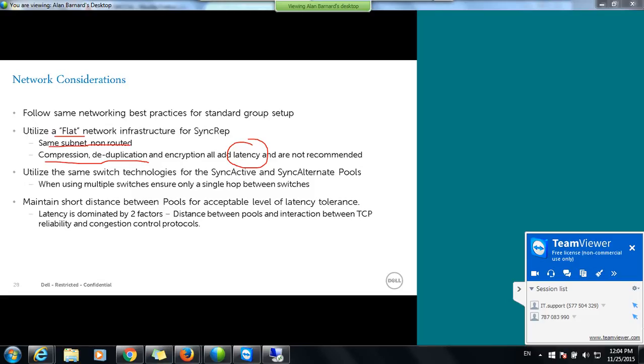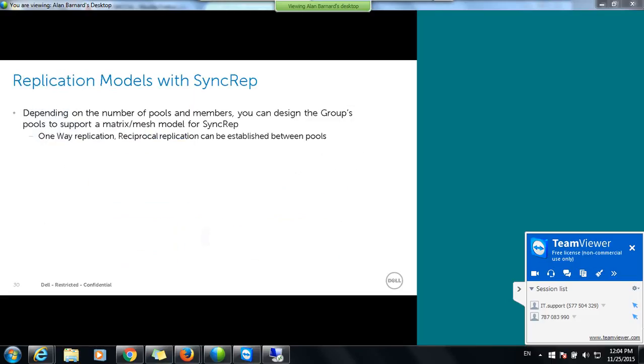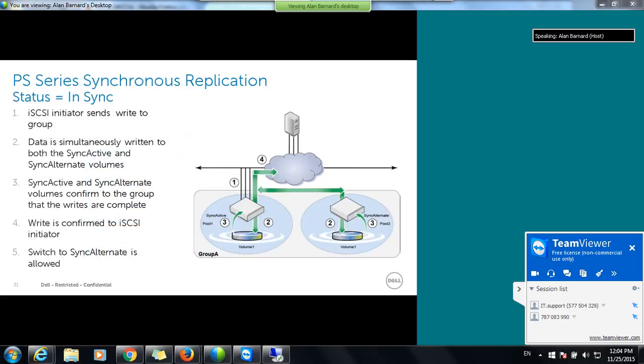Maintain a short distance between pools for an acceptable level of latency. Pretty much all of this network configuration is about latency, latency, latency. Latency is the key factor for sync rep to work properly. That's the end of the sync rep module.